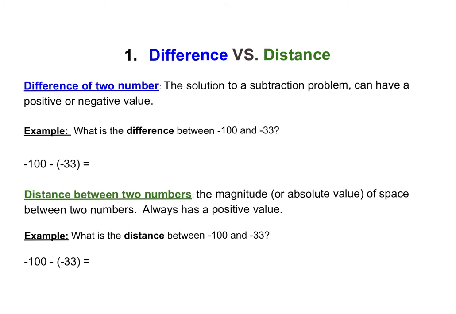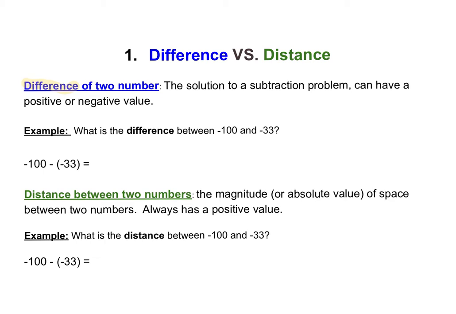First thing we're going to talk about is this idea of a difference versus distance. A difference of two numbers is the solution to a subtraction problem, and it can have a positive or a negative value.